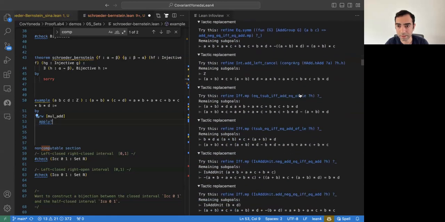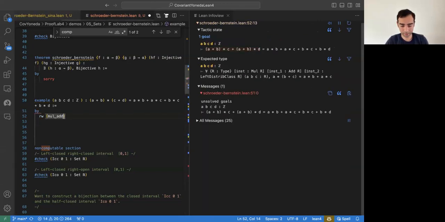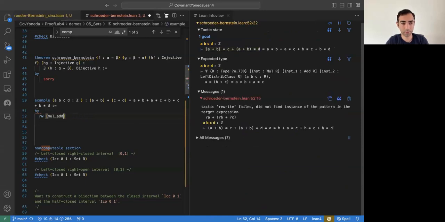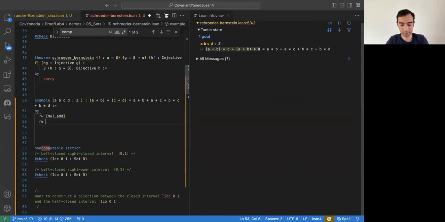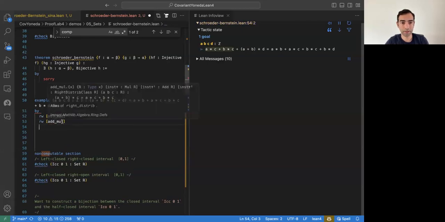So for example, let's say I'm going to do mul_add again. And once, oh, I cannot do that, but I can do rewrite add_mul and do it again.